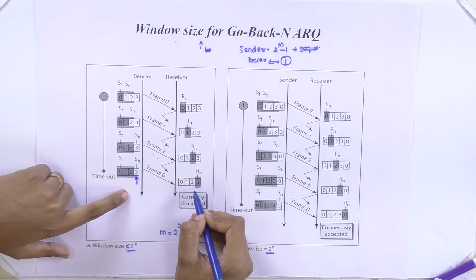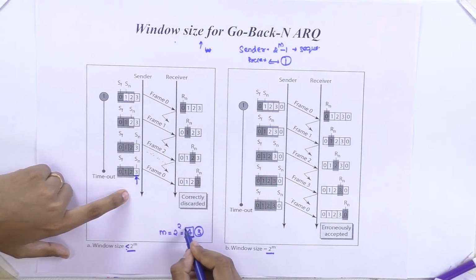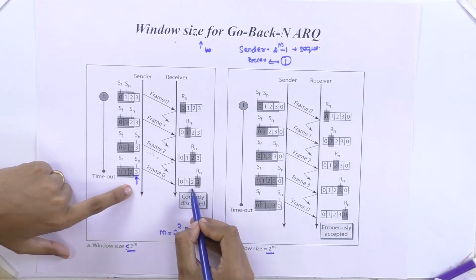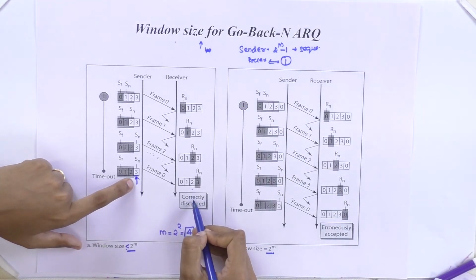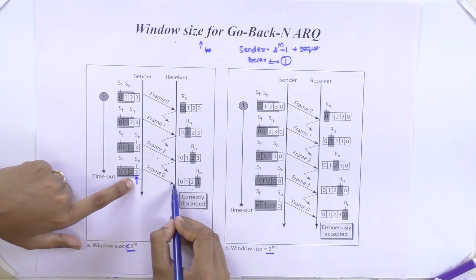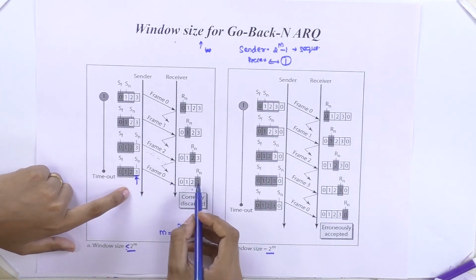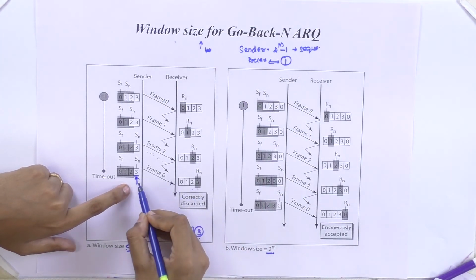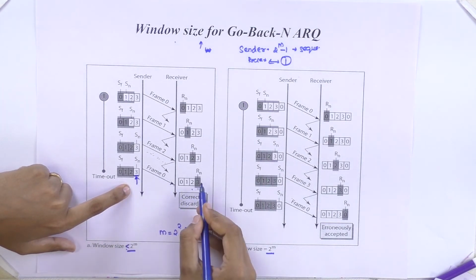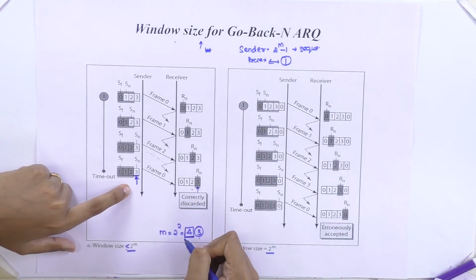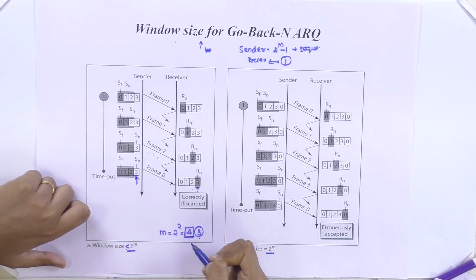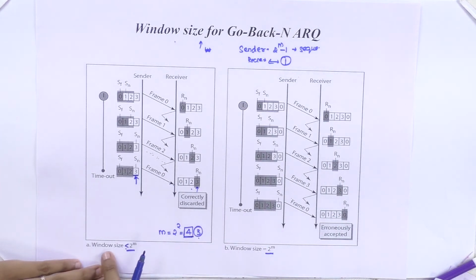We know that the window size is 4 actually, but I have set my window size to be 3. So the receiver will discard the frame 0 that has been sent by the sender, which means that the receiver will know that this frame is yet to be received from the sender. This is in case of window size less than 2 power m.